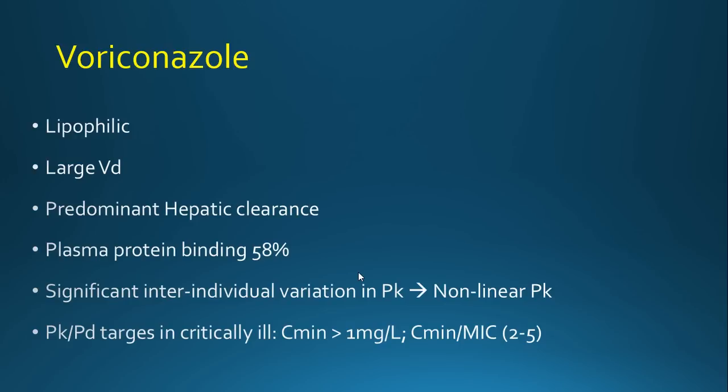We assume we are giving 6 milligram per kg or 4 milligram per kg. Most of the time it doesn't work, and it is very erratic. And we cannot simply give double the dose to the patient, not sure. So that is a problem for voriconazole. Again, lipophilic, large volume, hepatic clearance. And the PK/PD target is C minimum by MIC, not the C maximum. So if you measure, then you go over there.